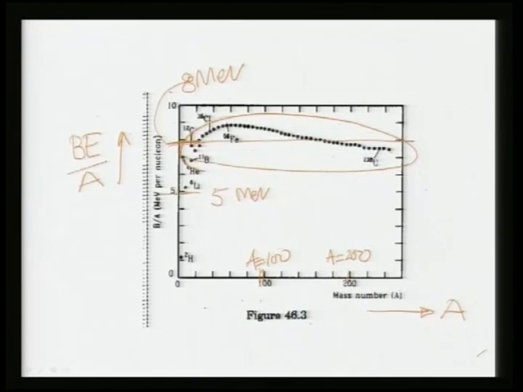So, your binding energy per nucleon is not proportional to A, it is roughly constant with a small downward trend, it is decreasing like this. Okay, gotten all these figures? Okay, come to the blackboard.